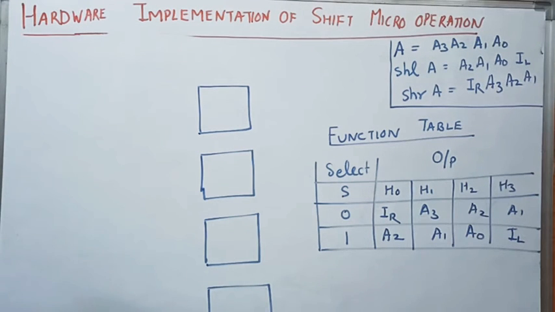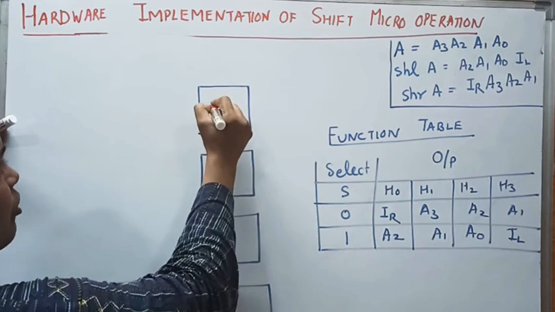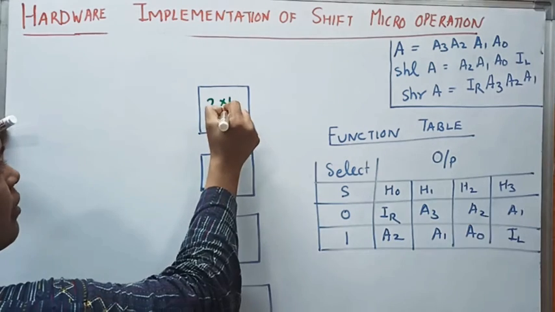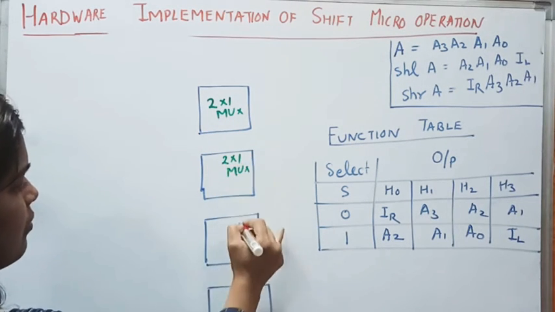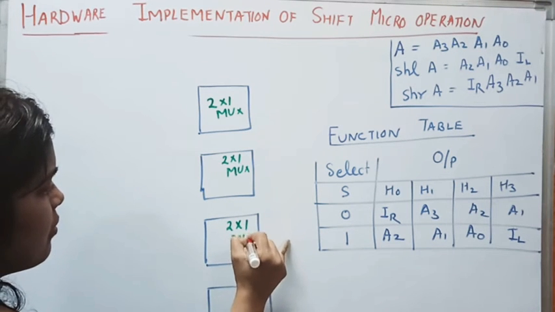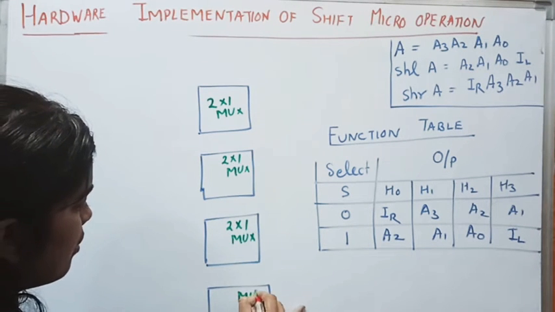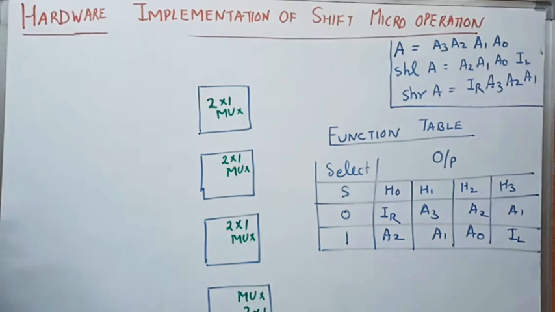Now in these 4 multiplexers, what values will be there? First, the selection line: only one selection line will be there, and the multiplexer is a 2 cross 1 mux. This is a 2 cross 1 mux, 2 cross 1 mux, and this is again a 2 cross 1 mux.